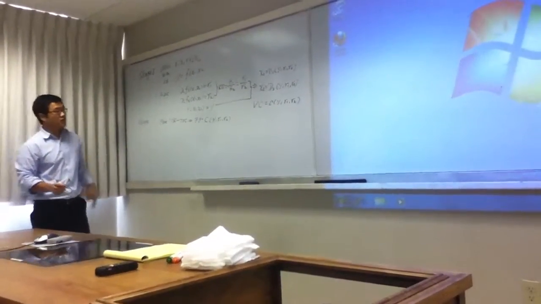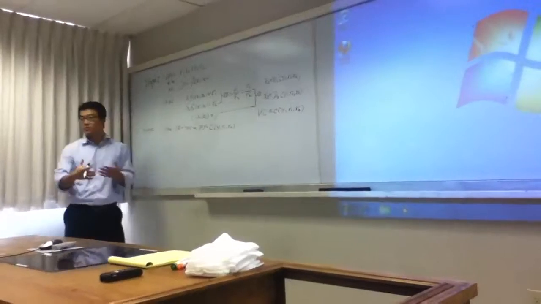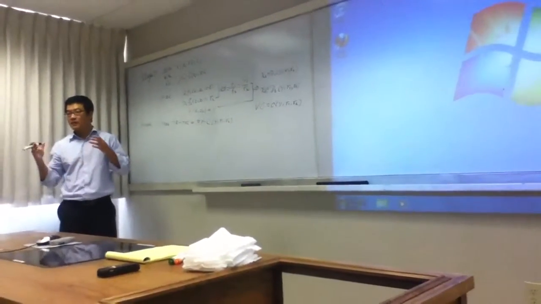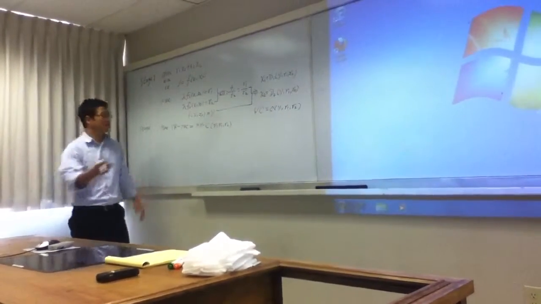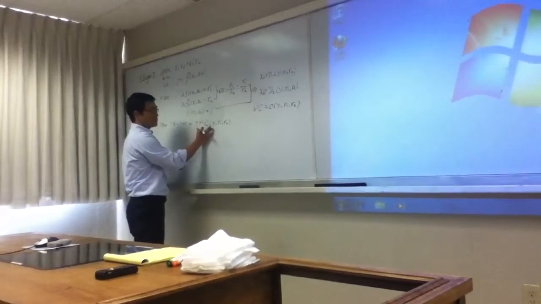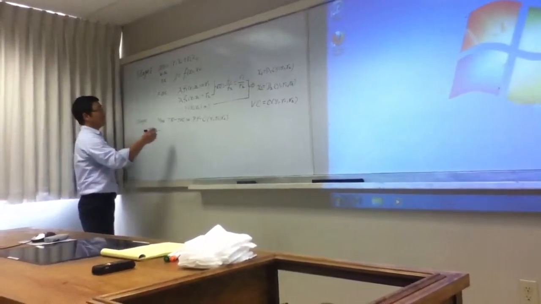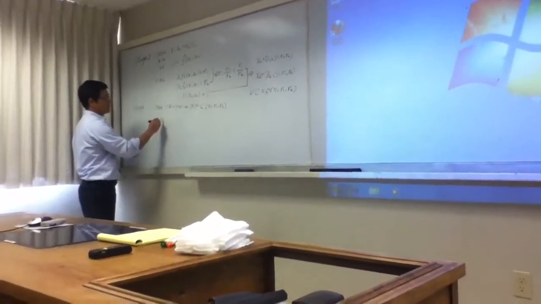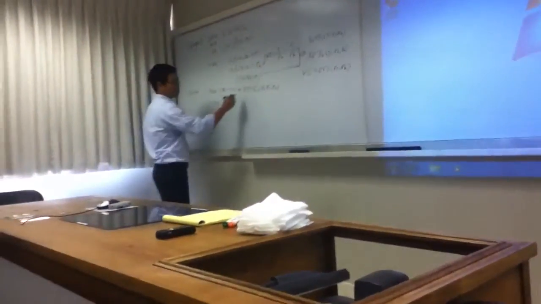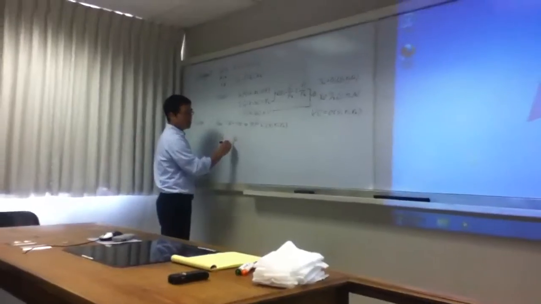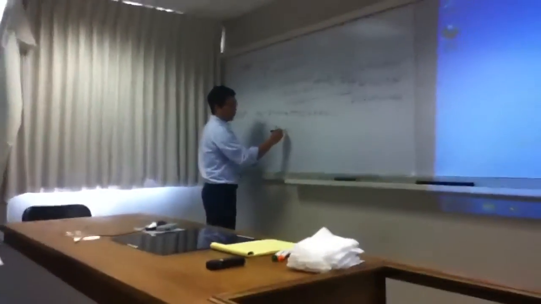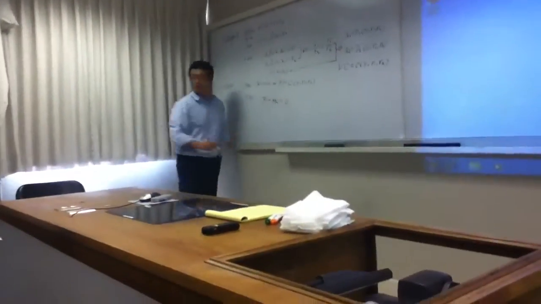Now P is taken as given because we assume the firm is taking all prices as given. So we have just one choice variable, y, the output level. So the first order condition is P minus marginal cost is equal to 0.